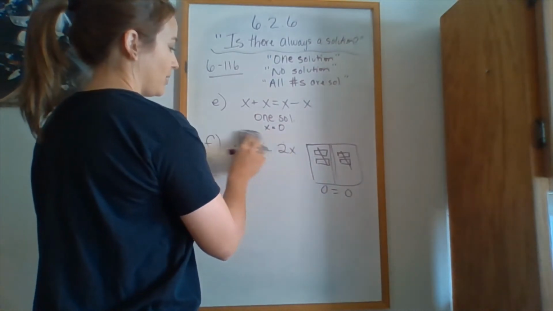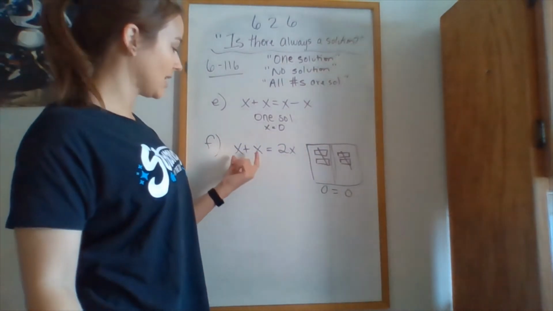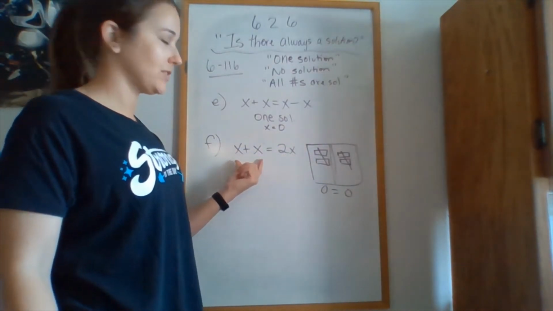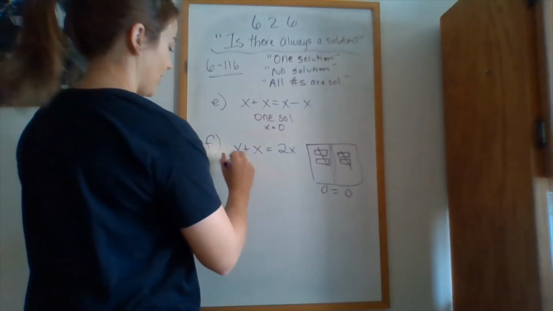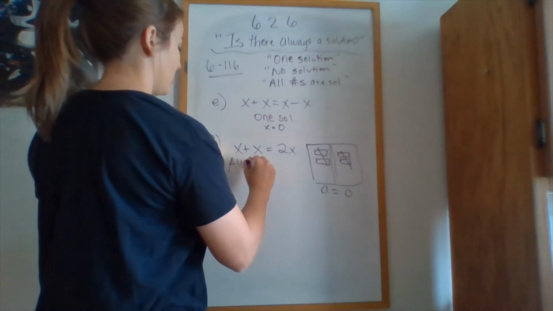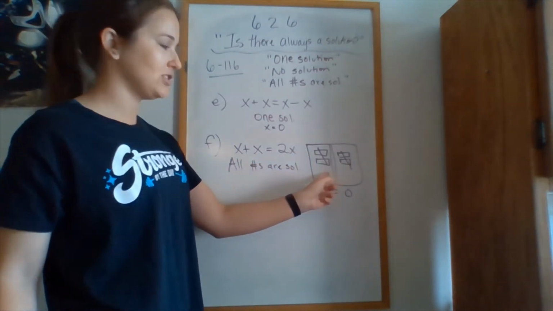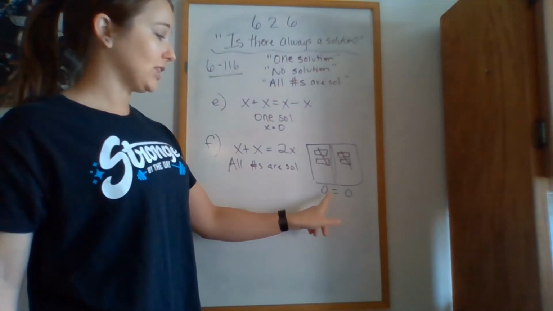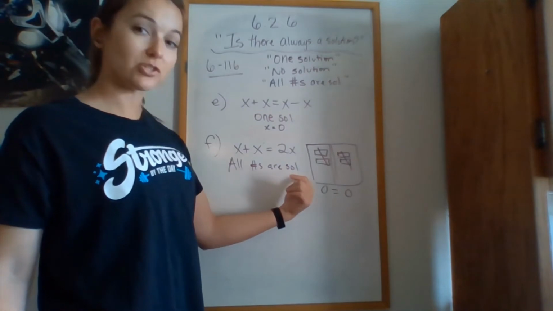It's looking like we are going to have infinite solutions here. And it makes sense because x plus x is the same thing as 2x always. So that means for part F that all numbers are solutions. So if you're ever using an equation map and you notice that this side is equal to that side, you know that all numbers are solutions.